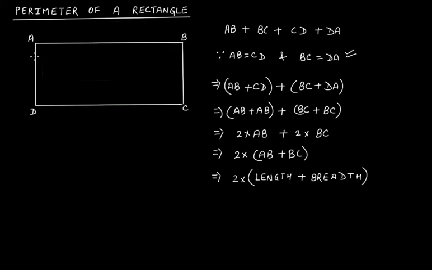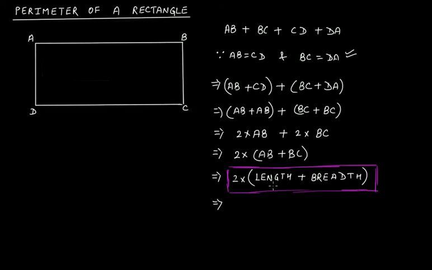Length and breadth. So this is your formula, that is 2 times within brackets length plus breadth. This will be your formula for the perimeter of any given rectangle.